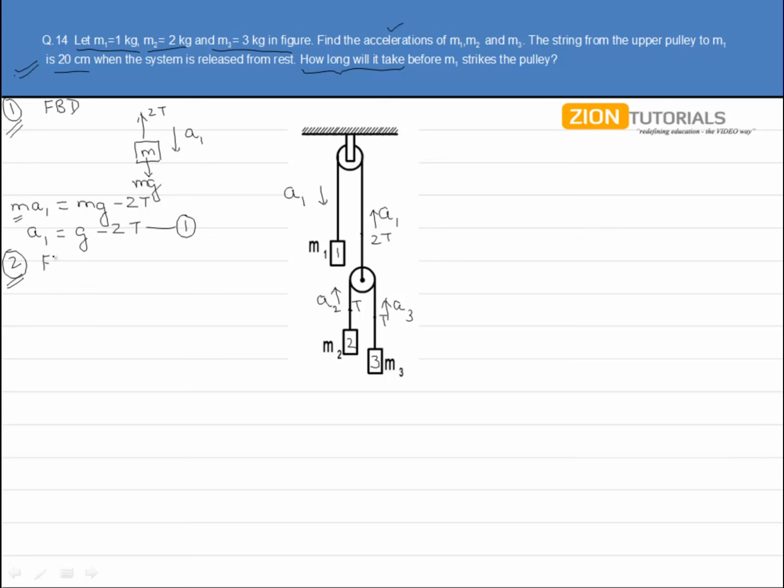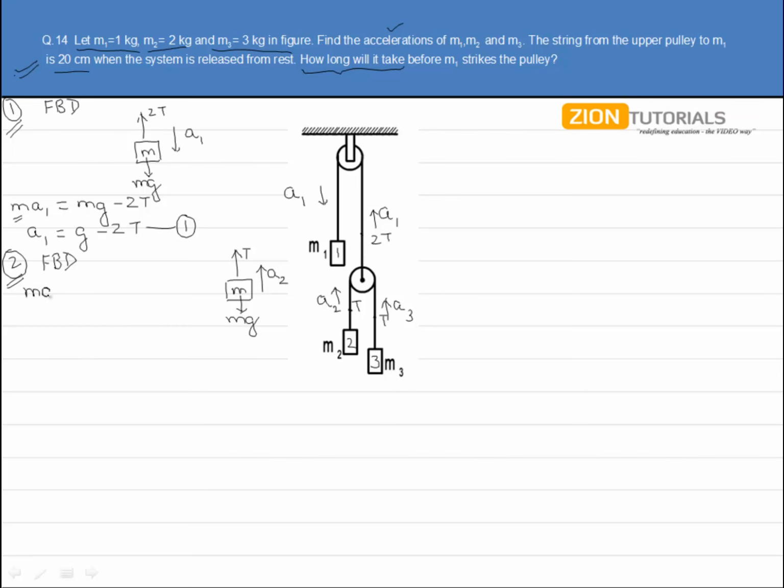Again, drawing the free body diagram of this block, we have a block of mass m having an mg force in the downward direction, a tension T in the upward direction and an acceleration of a2 in the downward direction.